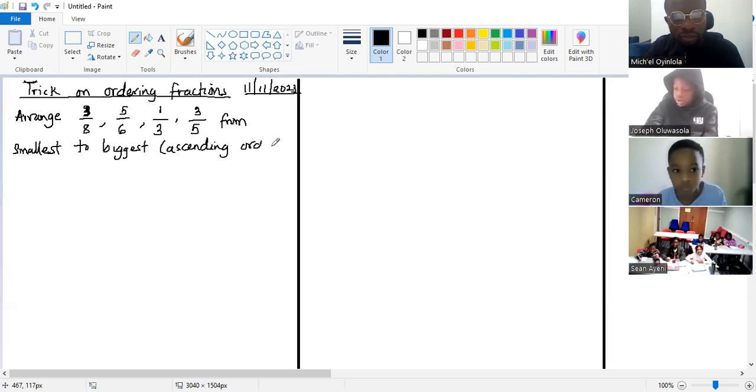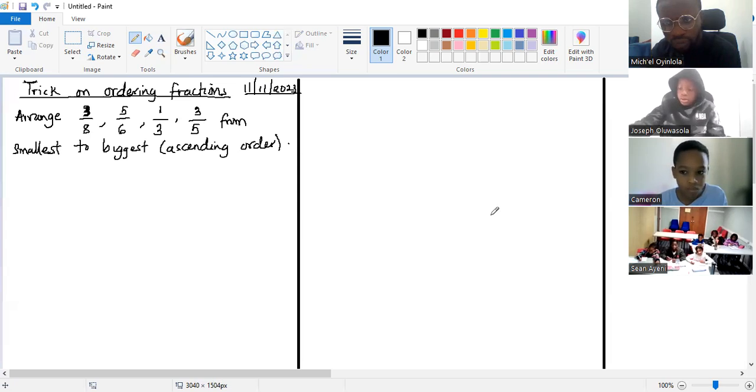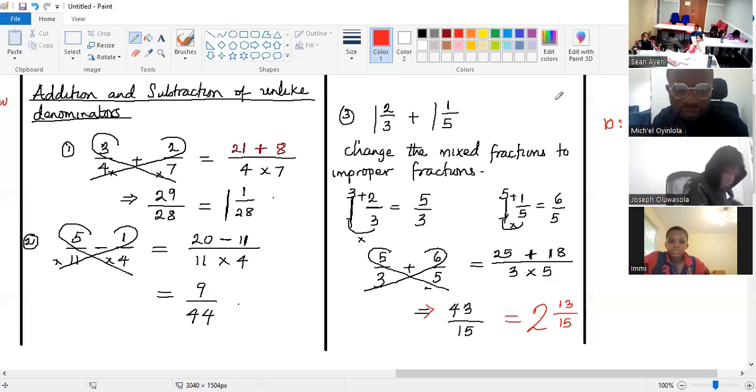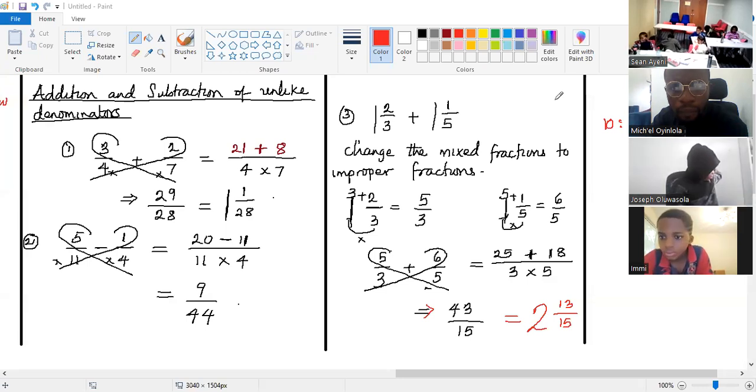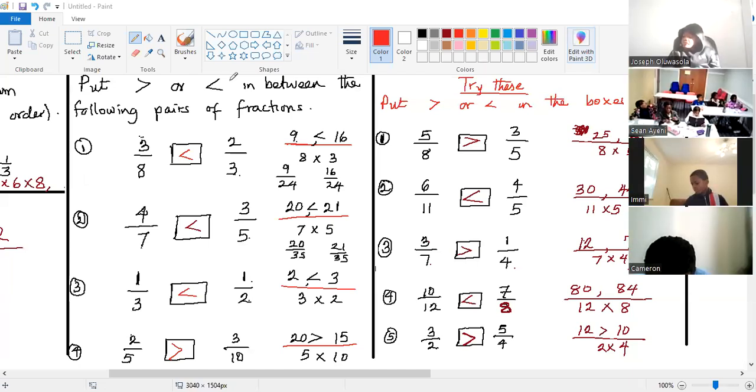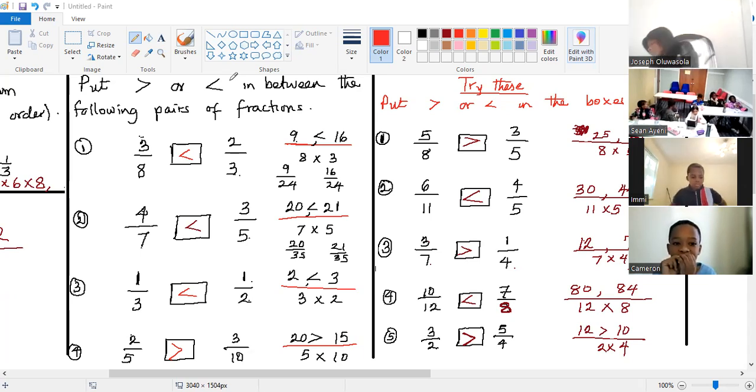Ascending order. Sorry, Mr. Michael, for a few minutes. Which is that topic? You raise up your hand. Are we the Smith? We're the Smith tonight, my grade. Does this involve ordering fractions?